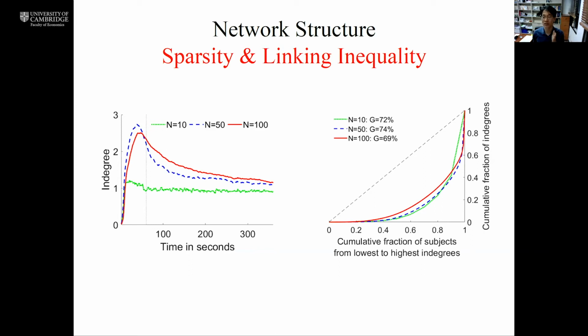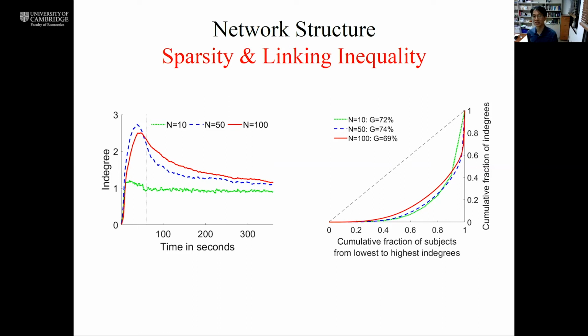The average person receives, as you can see, with n equal to 10 in the small group, just one link. In the large group, it initially starts with about 2, but it falls down to close to 1. So in this sense, we can conclude that in all group sizes, in the end, people actually receive very few links. In that sense, they create very sparse networks.